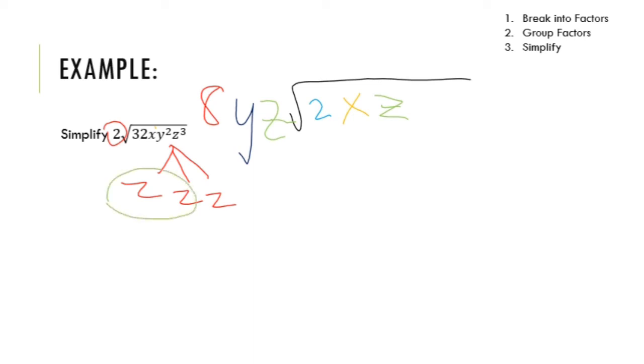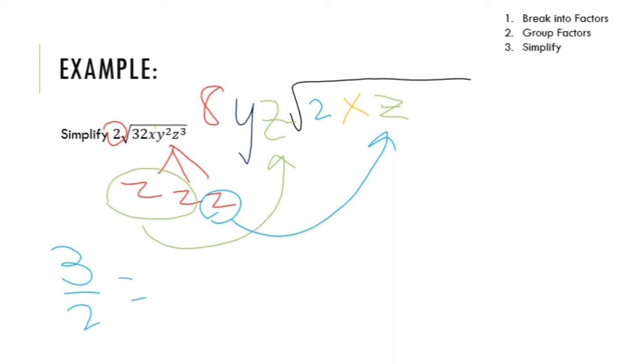Well, I get one group of 2 z's, which is why that ends up on the outside, and I have this z left over, which is why that ends up on the inside. The easier way to do this is to say 3 divided by 2 is equal to 1, remainder 1. So the 1 goes on the outside, and the remaining 1 goes on the inside.